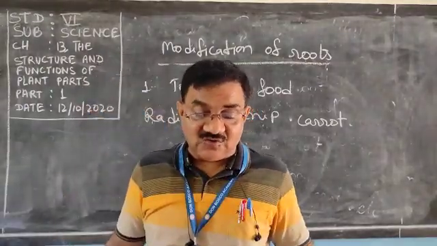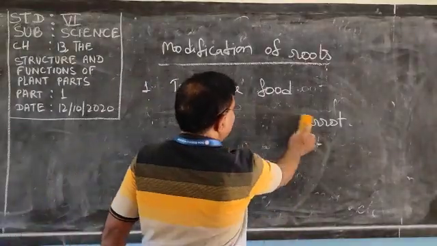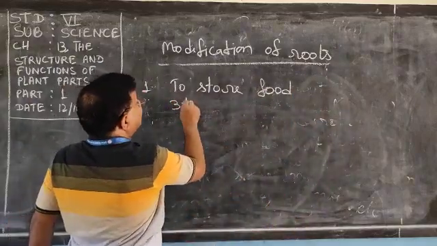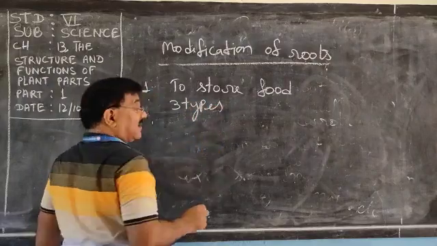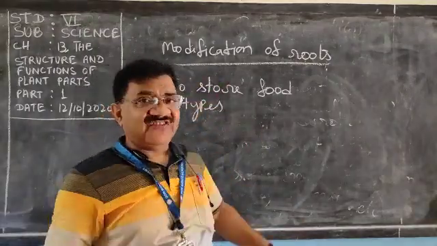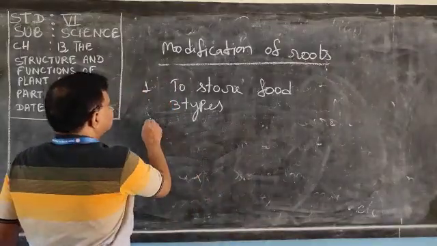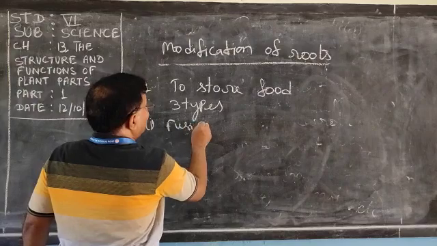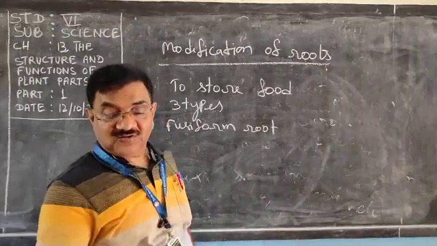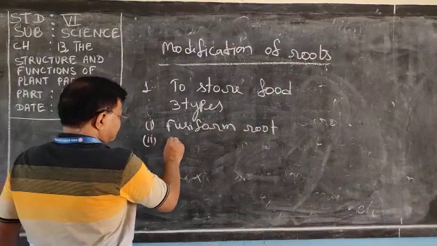Now the modification of root to store food is of three types. What are those three types of root in which the root modifies to store food? First is fusiform. Second is napiform.